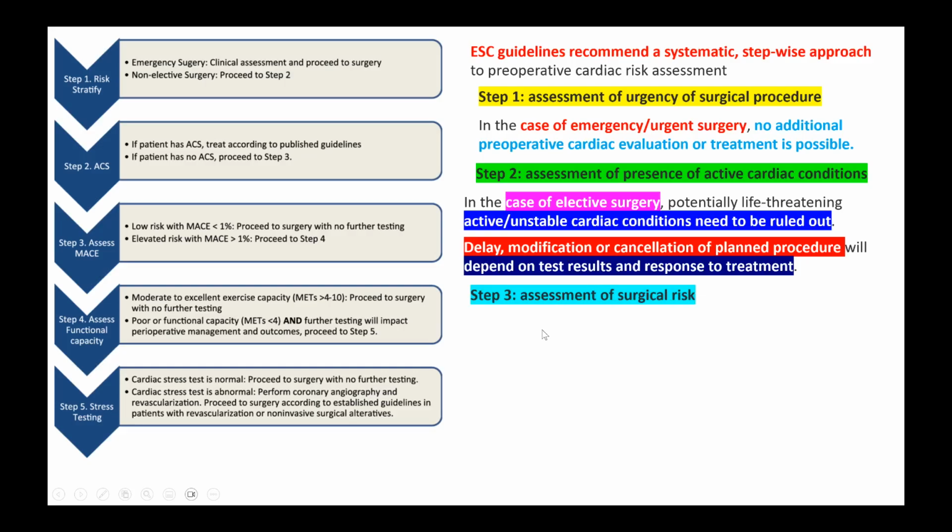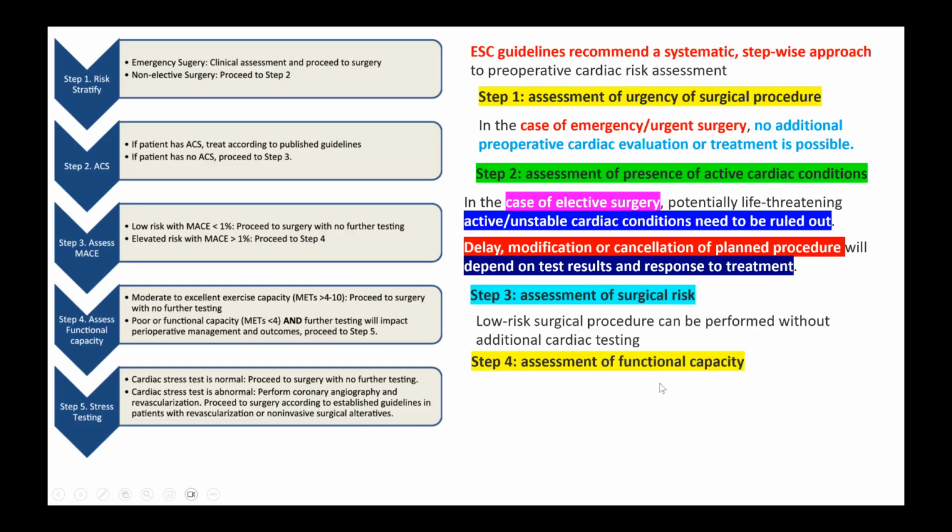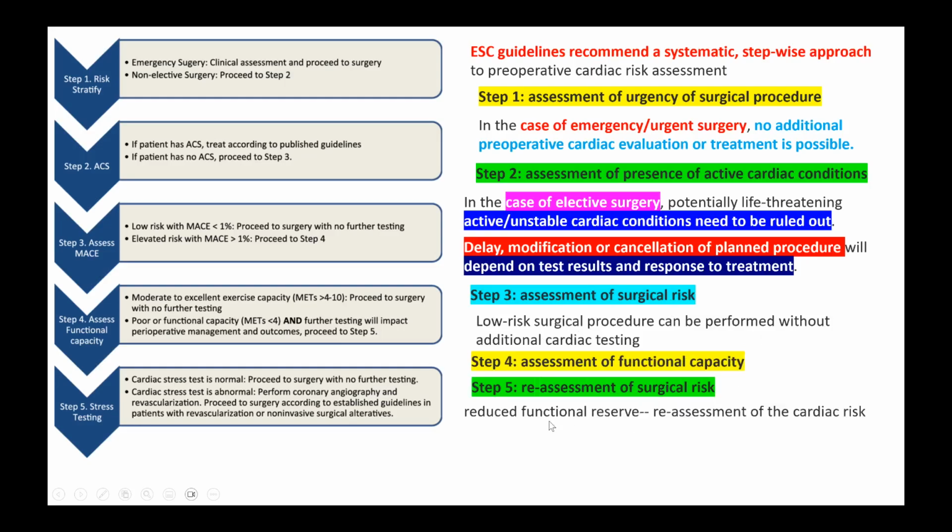And the third step is assessment of surgical risk. So low-risk surgical procedures can be performed without additional cardiac testing. And fourth is assessment of functional capacity. And then there is the reassessment of surgical risk. After optimization, you can again reassess the patient. With reduced functional reserve, reassessment of the cardiac risk has to be done again.